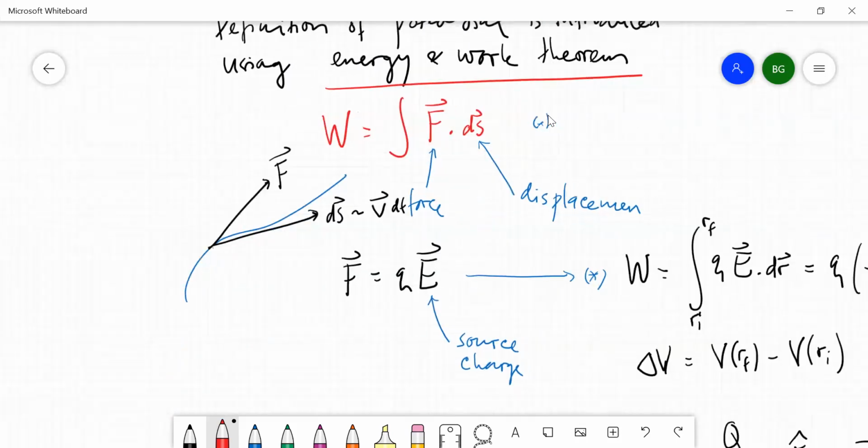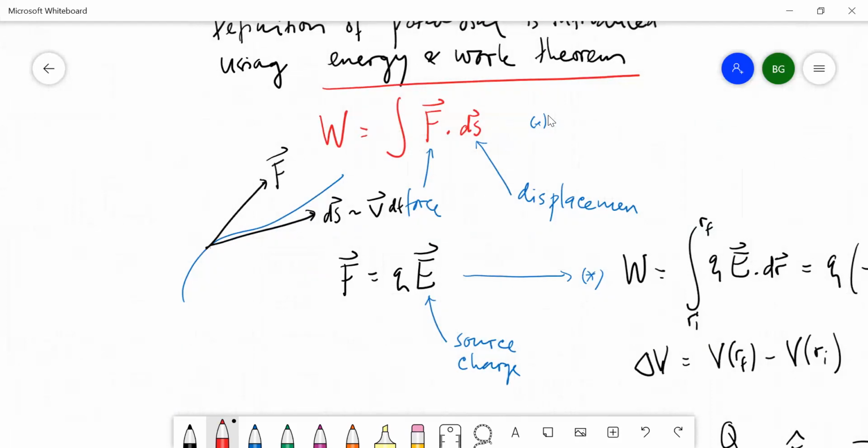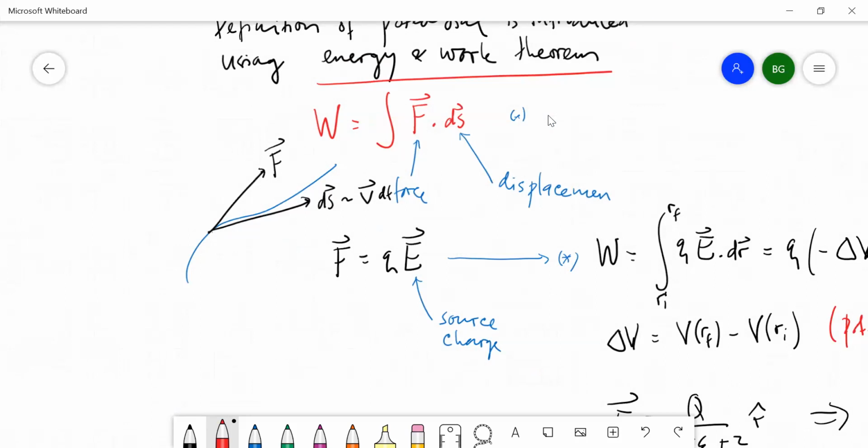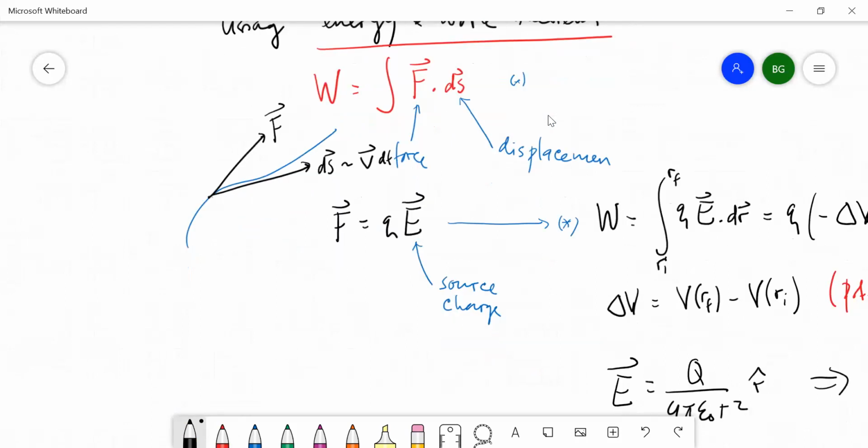So if we consider, for example, any source charge, this is a charge capital Q here, and this is a test charge q here.